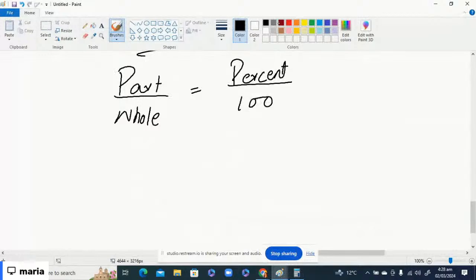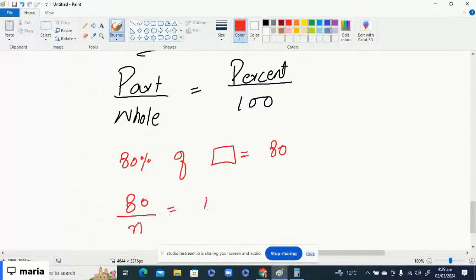And what's the question? Question is 80% of missing number is 80. So the part is given, percent is given, whole is not given. Okay, your part is 80, your whole is not given, your percent is given, which is 80 divided by 100.